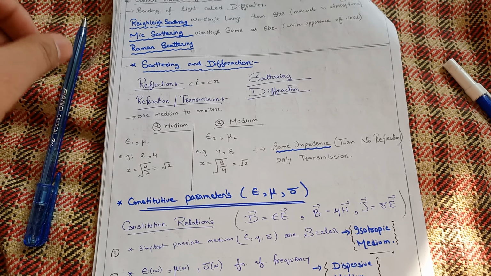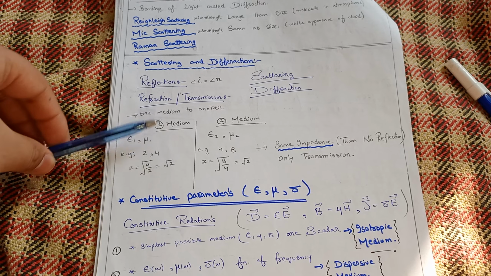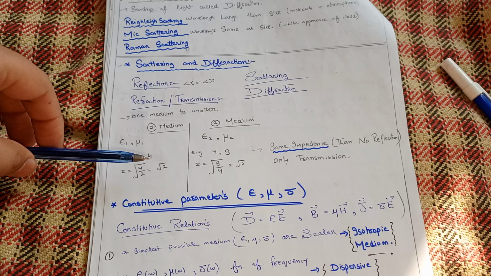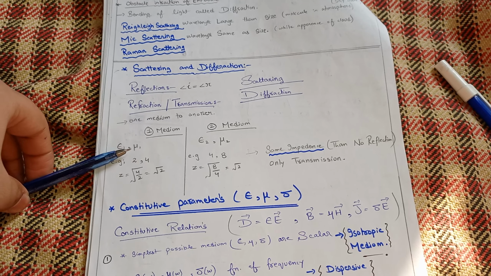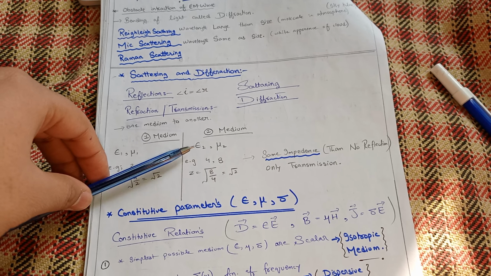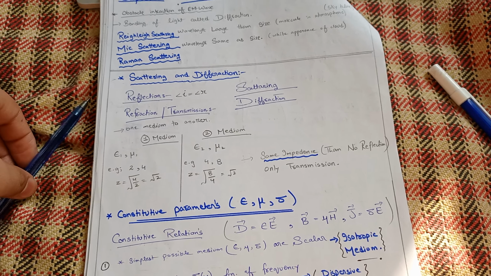So let's check the dependence. Suppose we have one medium here, and this is our second medium. The first medium has permittivity epsilon 1 and permeability mu 1. The second medium has permittivity epsilon 2 and permeability mu 2.